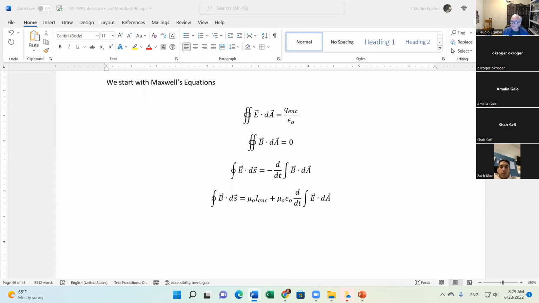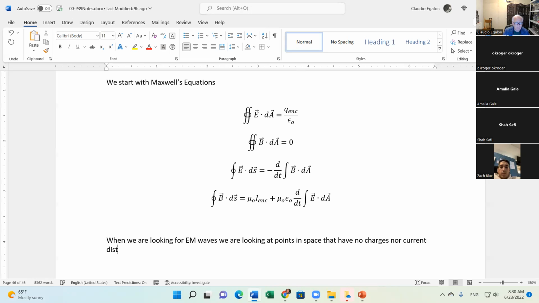Okay, so the idea here, when we're looking for electromagnetic waves, we're looking at points in space that have no charges nor current distribution.